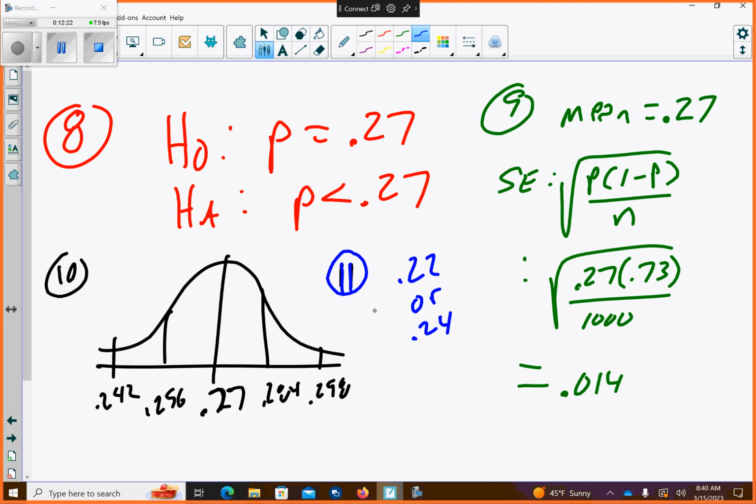Which one's stronger evidence? Well, 0.22 is down here, and 0.24 is right here. Which one's further to the left? Well, 0.22 is to the left of 0.24. So a 22% sample statistic is farther from the mean of 27%. So this is further away.